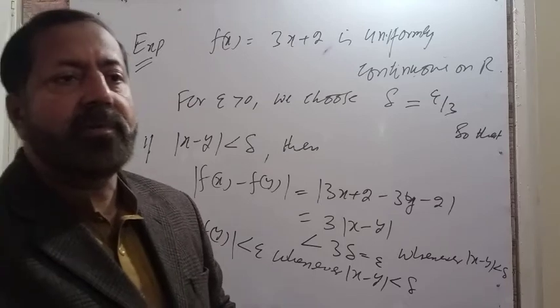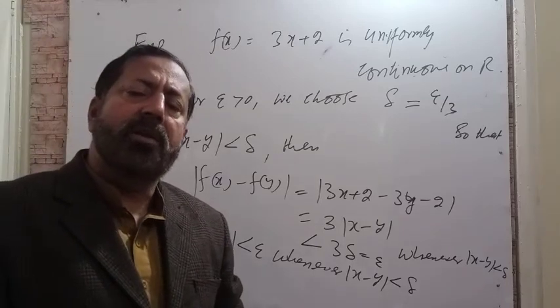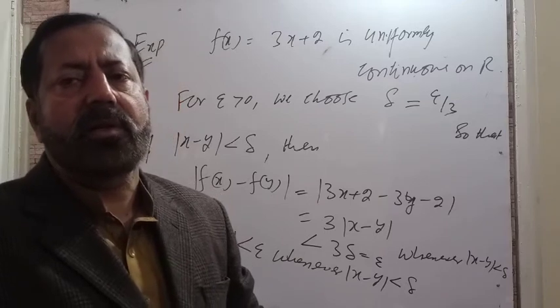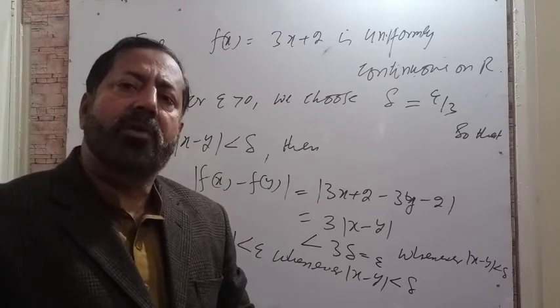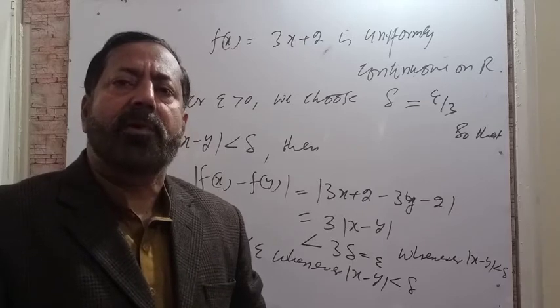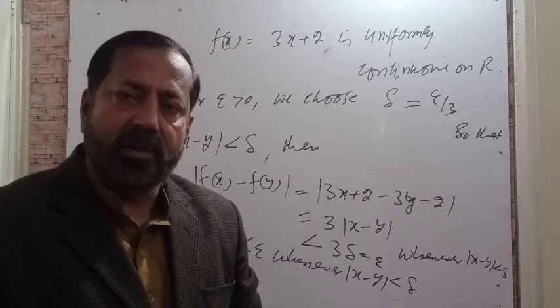When we changed the domain to [0, b] instead of the entire real numbers, it was uniformly continuous. However, f(x) = x² was not uniformly continuous on the entire set of real numbers.